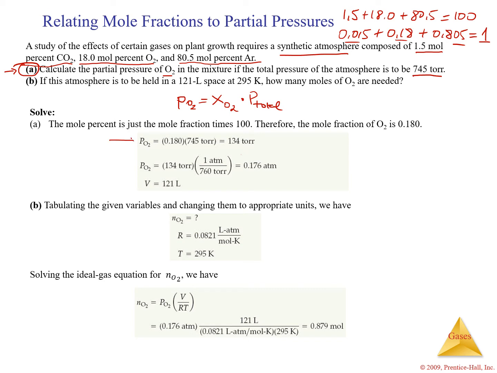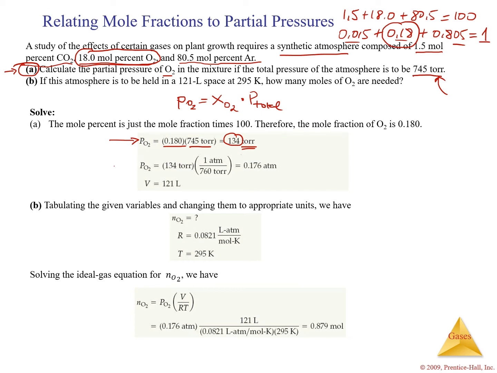And when you look at this line here, this is very much what is calculated: 0.18, of course, is the number for oxygen given in the problem, and the total pressure is given in torr units. So if you multiply the two numbers, your unit for pressure is going to still be torr. So 134 is the result for the partial pressure of oxygen.